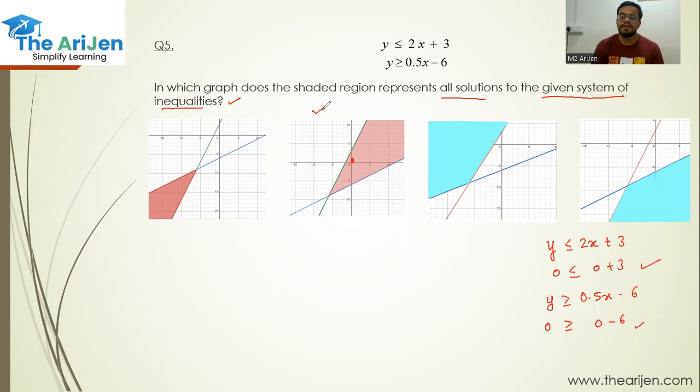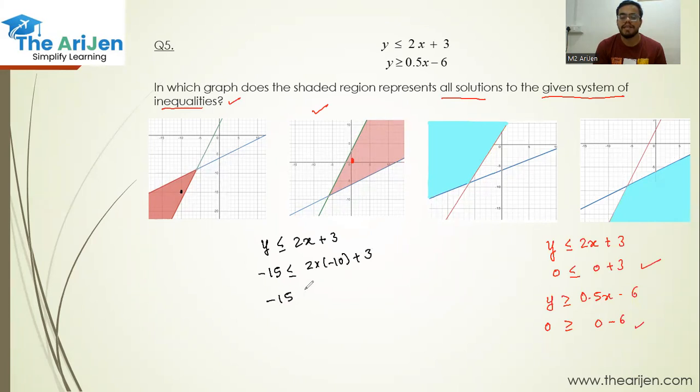Because see, you can pick any point to eliminate. If I'm taking, let's say, a point which is minus 10, minus 15, right? So let's put that point in the equation. If you have y value minus 15, x value minus 10, right?